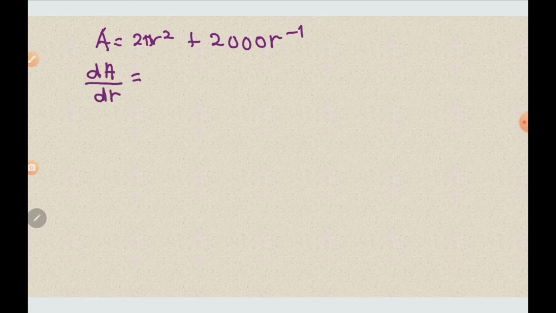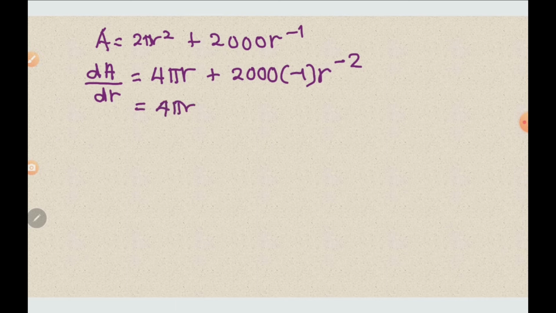Then you will get 2 times 2, we get 4 pi r, plus 2000 multiplied with negative 1, r to the power of negative 1 minus 1, negative 2. Then simplify to get 4 pi r minus 2000 over r squared.